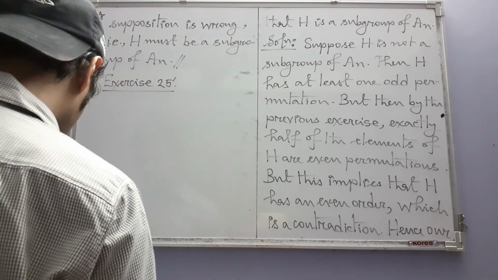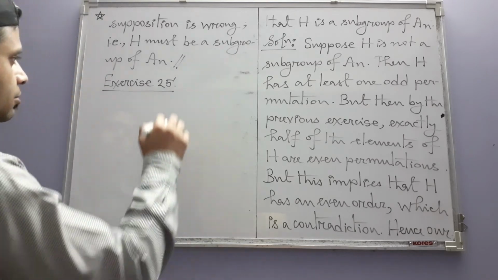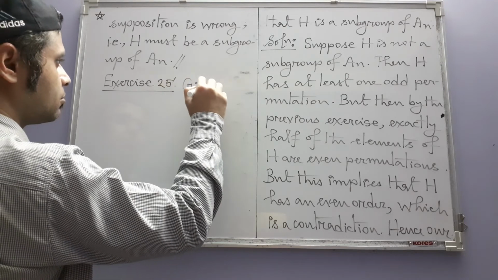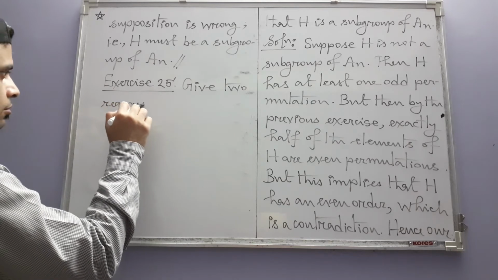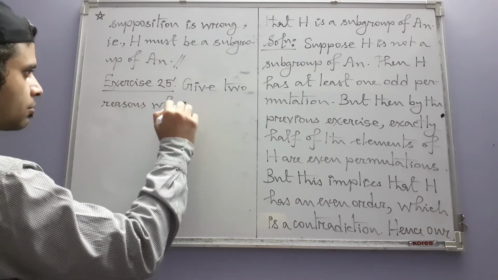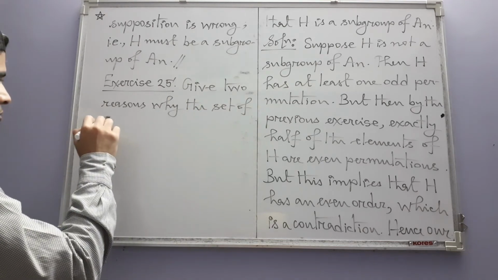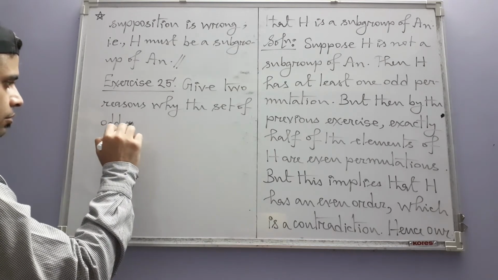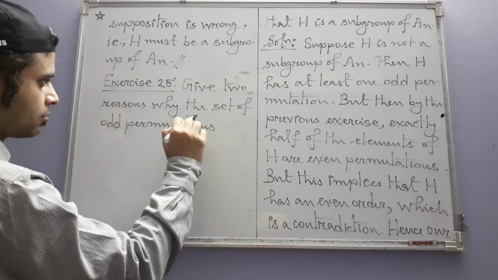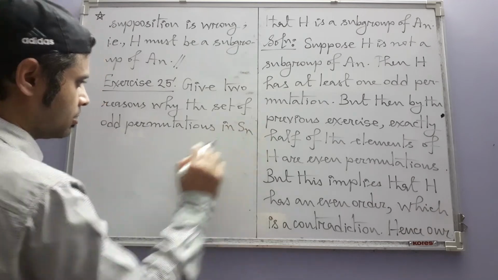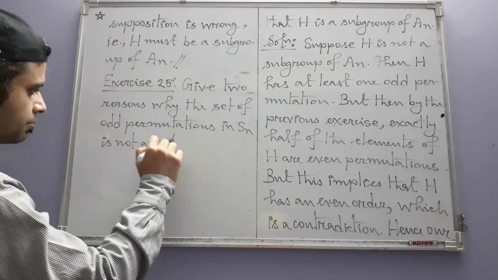This one is not difficult. Give two reasons why the set of odd permutations in Sn is not a subgroup.